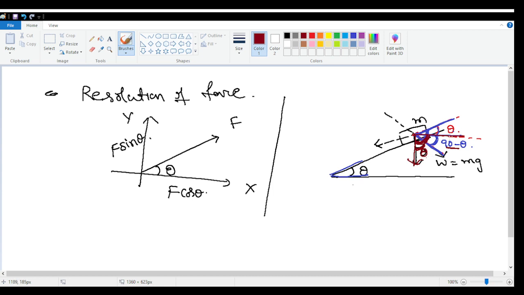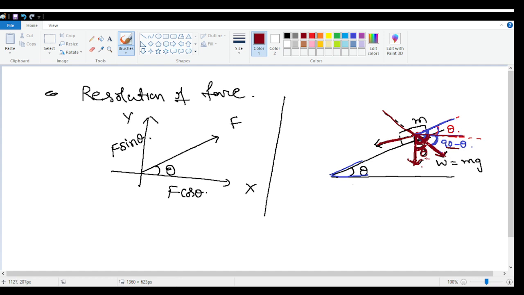I want to draw this diagram every time, so you need to take care of this. The weight of the body acting downward is mg. The vertical normal line which is drawn also makes angle theta. Now our goal is to resolve this weight into two components, one vertical and another horizontal, in this direction and this direction.